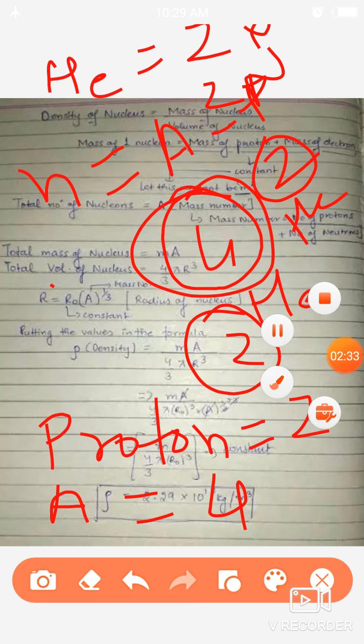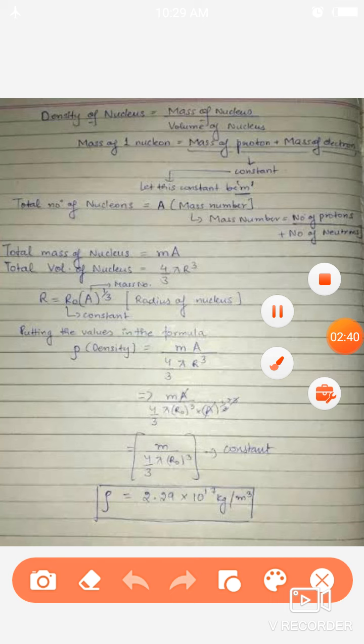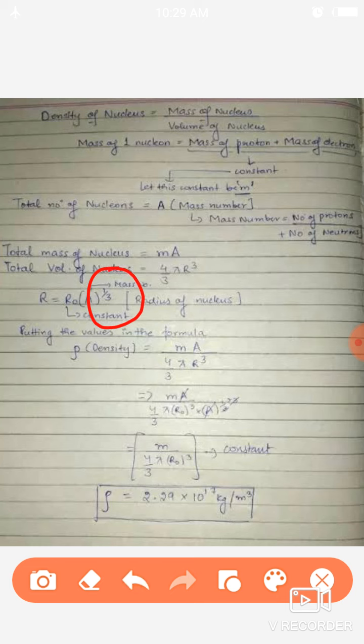Now in order to define the density, to calculate density we need the volume of helium atom. As we know, if this is a nucleus of helium, this is proton, neutron, proton and neutron, each connected to one another.